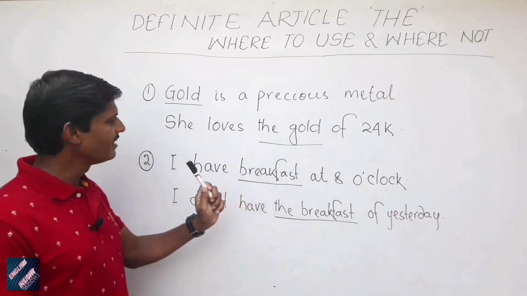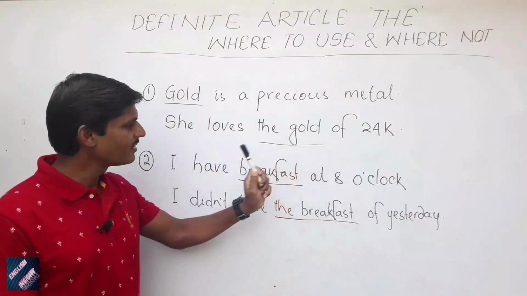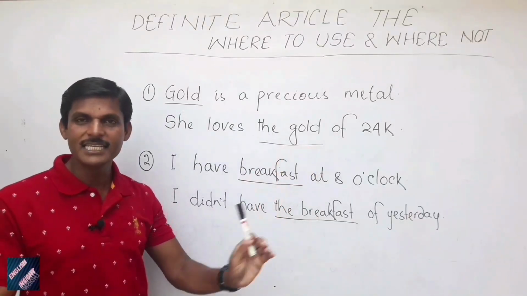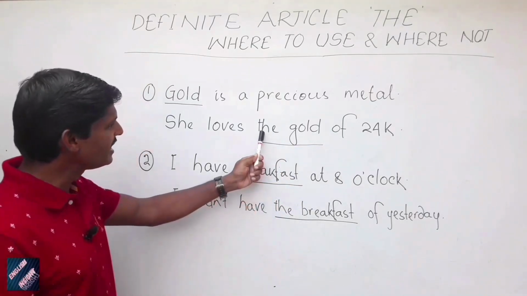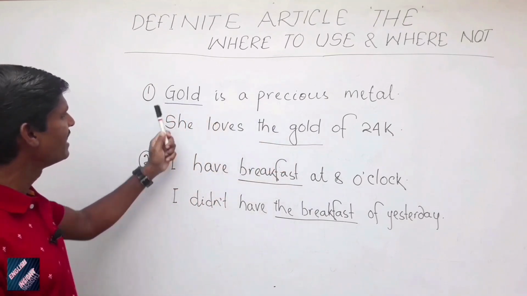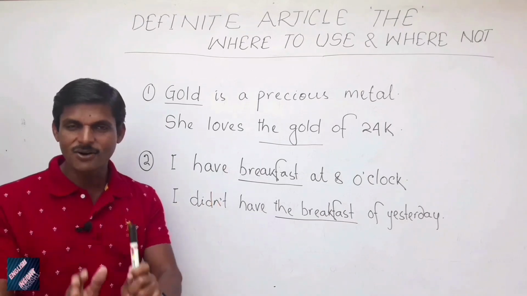It means she loves particularly the gold of 24 carats, not generally. The gold is particularized here. So, the is used before gold here, and in the first sentence, as it is used in a general sense, the is not used before gold. That is all about the first pair.